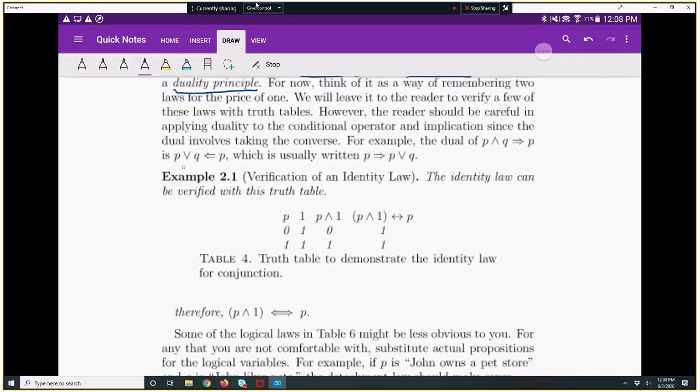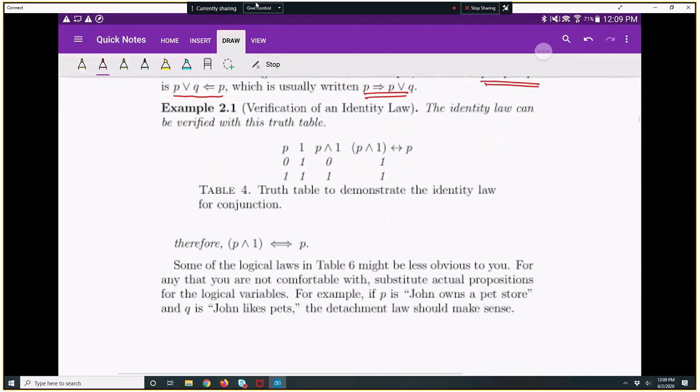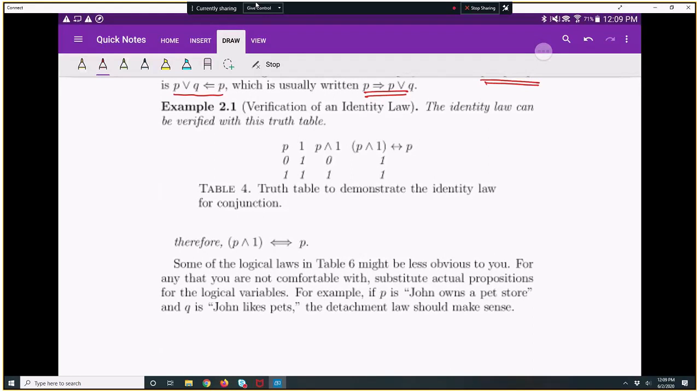So P or Q is implied by P is the same thing as saying P and Q implies P. And you see the second one, P or Q is implied by P, can also be written just as P implies P or Q. So notice how this differs from this. We can, of course, use the truth tables to verify any of these laws.